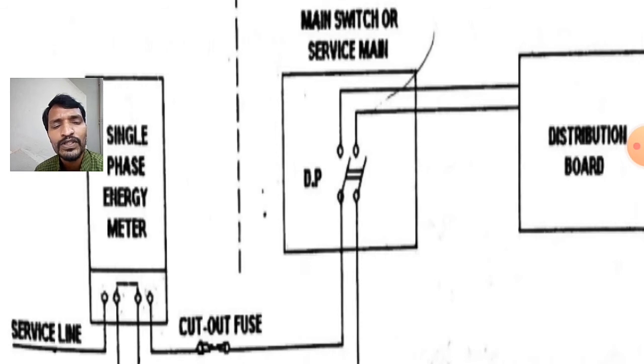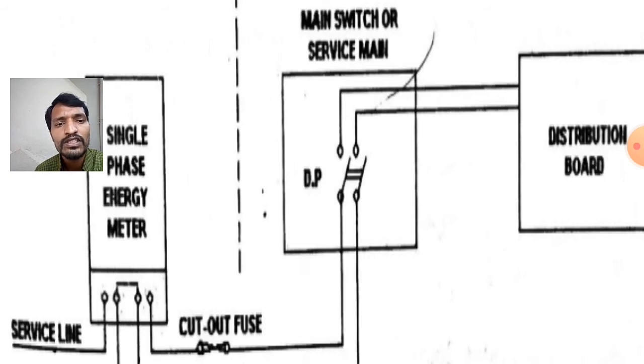What the electricity people will do is simply remove this fuse and disconnect the house, so that the supply will not enter the house, so that the consumer will pay the bill.